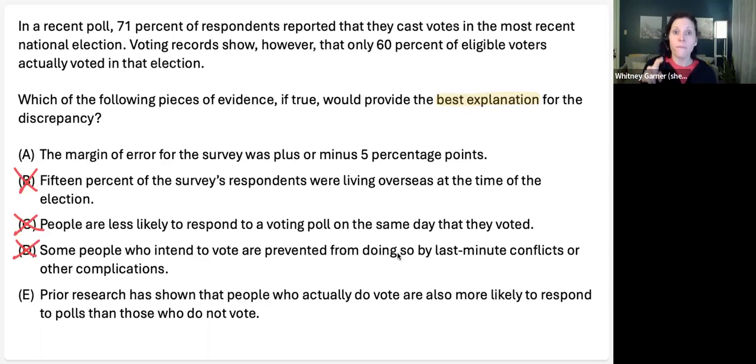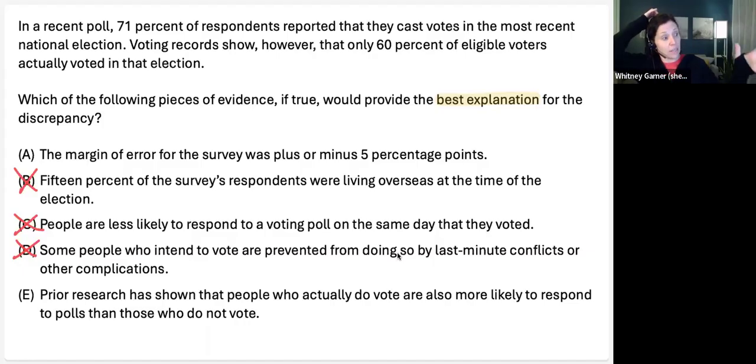If it is true that people who respond to polls are disproportionately more likely to be voters than the general public, then I would expect that the percent of people in polls who say they voted would be higher than in the normal population, because that poll is made up of more voters, as a proportion, than the entire eligible voting pool. This isn't just telling me that there is a non-representativeness, but it's explaining that non-representativeness actually does work in the direction of the data I see.